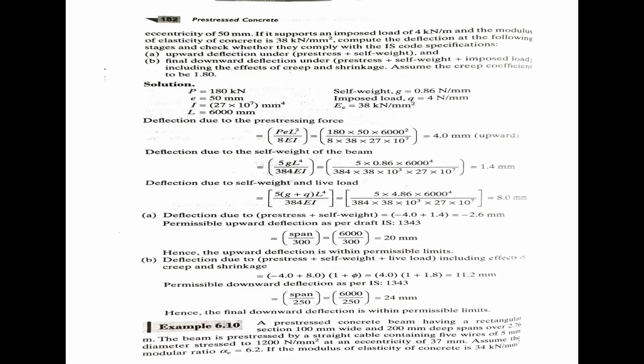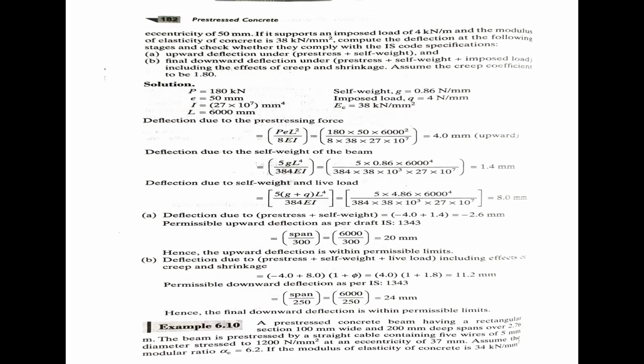Now deflection due to self weight and live load. Now we have to write the deflection due to prestress plus self weight: minus 4.0 plus 1.4, finally minus 2.6 mm.